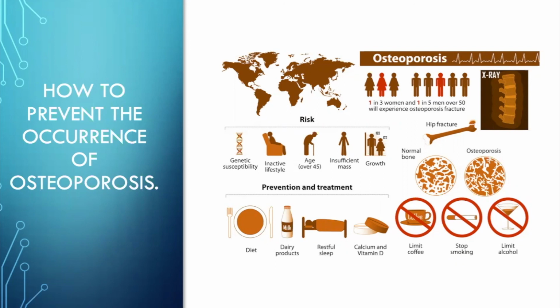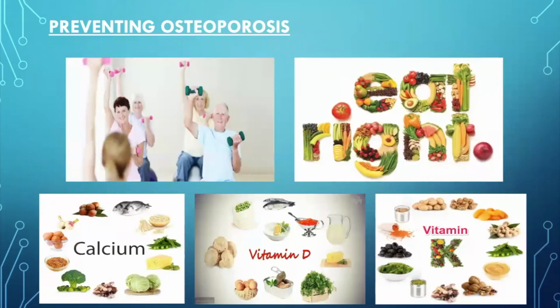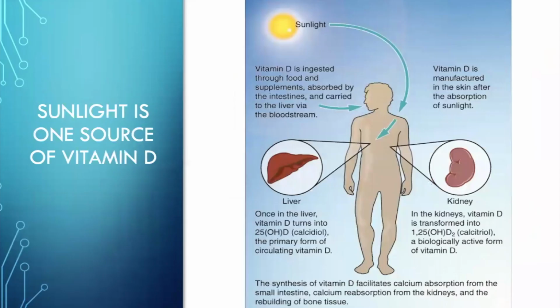A comprehensive osteoporosis treatment program includes a focus on exercise, proper nutrition. It must be obtained from our diet, in particular calcium, vitamin D, vitamin K, and many others. Sunlight is one source of vitamin D, and also safety issues to prevent falls that may result in fractures.